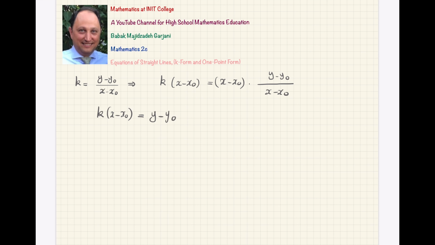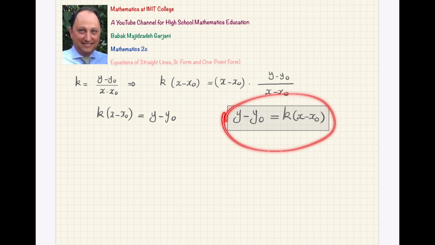And then people write it in this way. Y minus y node, they write it on the left because we usually write y on the left, and then k times x minus x node on the right. This is an equation for the line. This is the same equation algebraically.